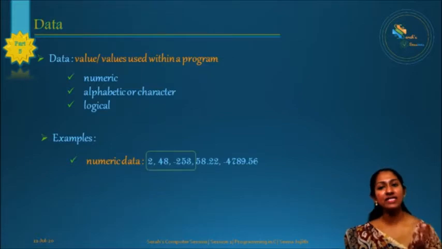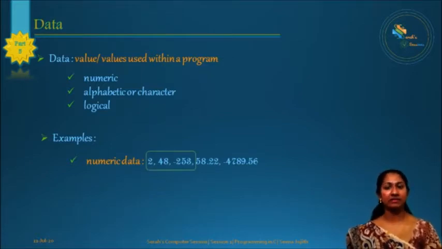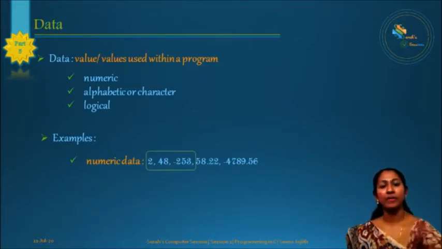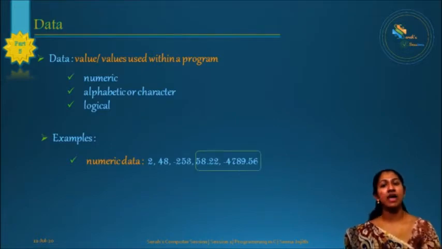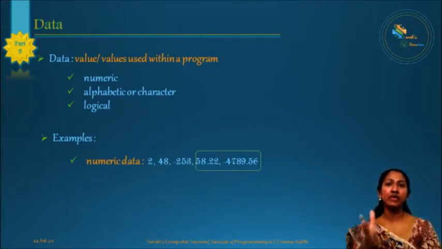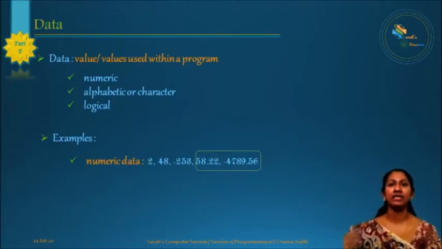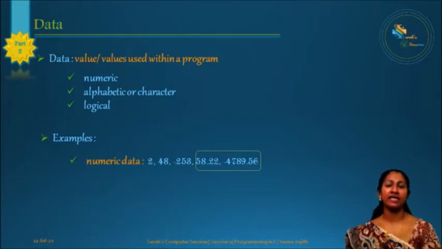The first three numbers are just integers, but the last two numbers have a floating point, a decimal point, inside them. So you can see that numerical data has inner categories like integer data, floating point or decimal data, and so on.